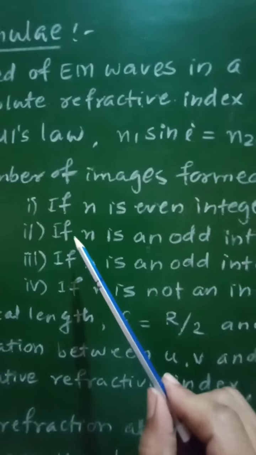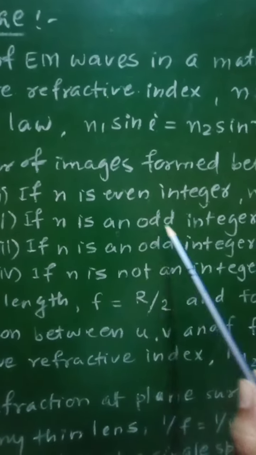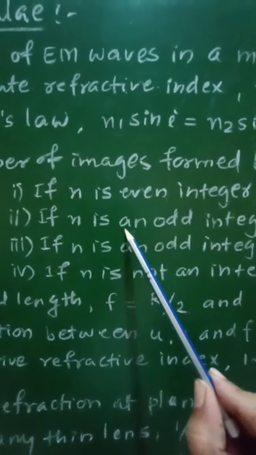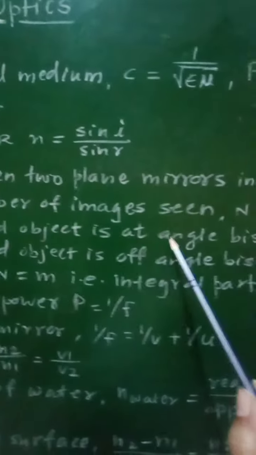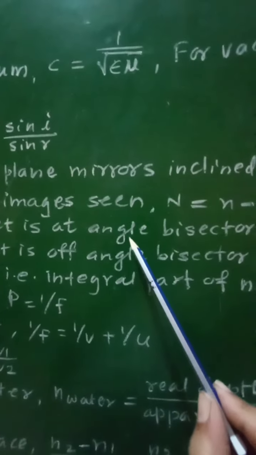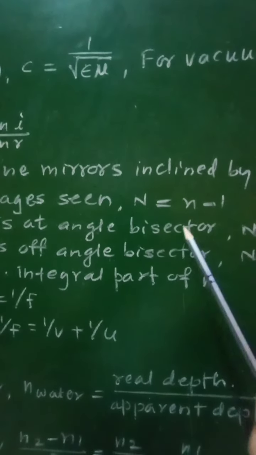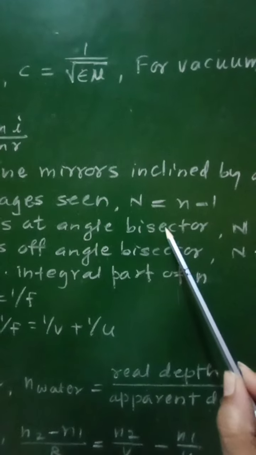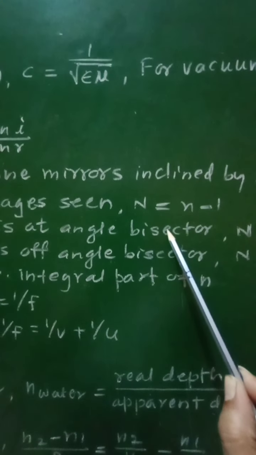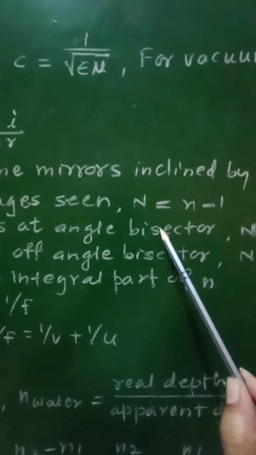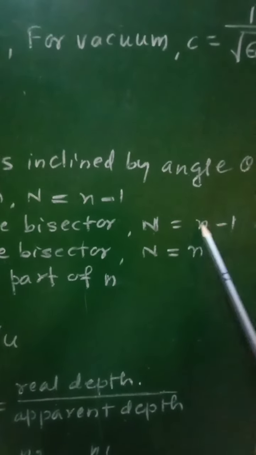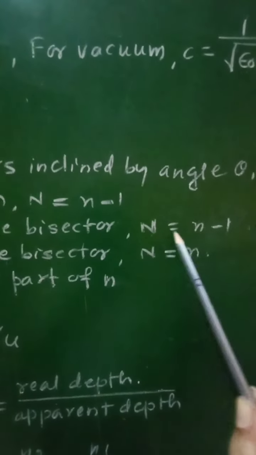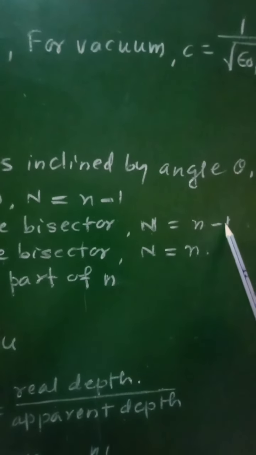Second, if n is an odd integer and the object is exactly situated at the angle bisector, then the number of images seen will again be n minus 1.